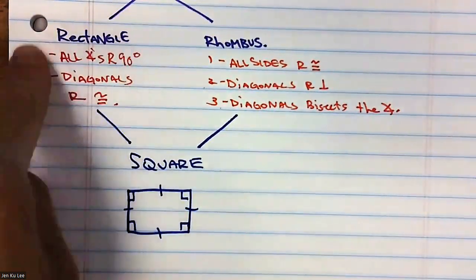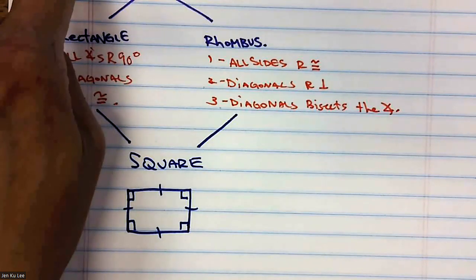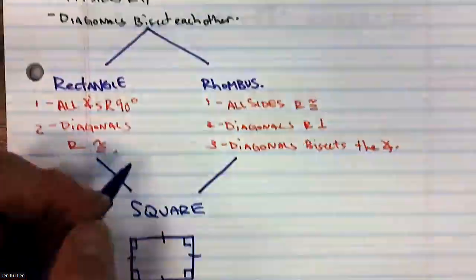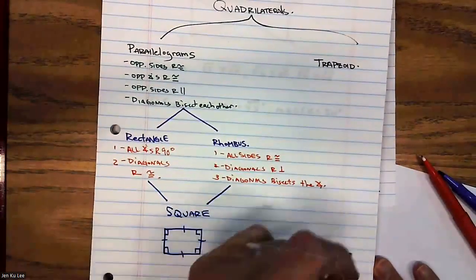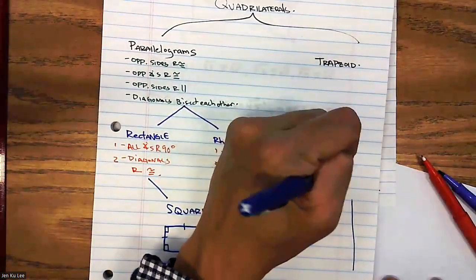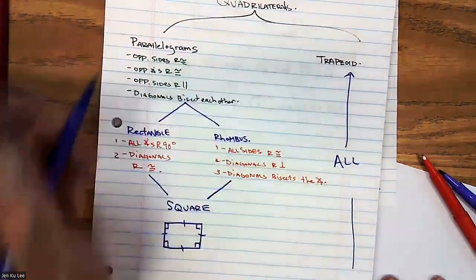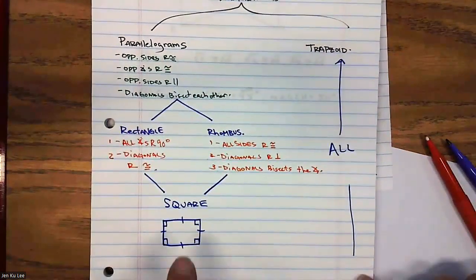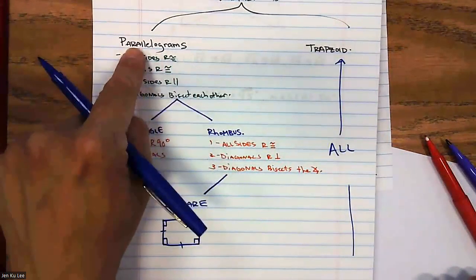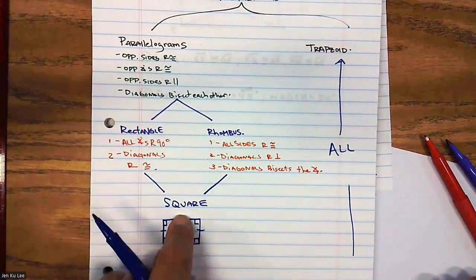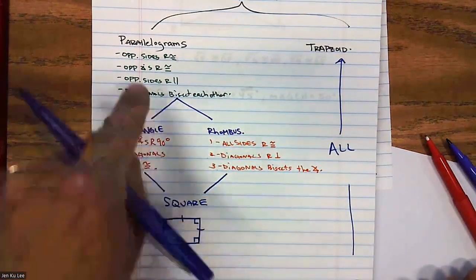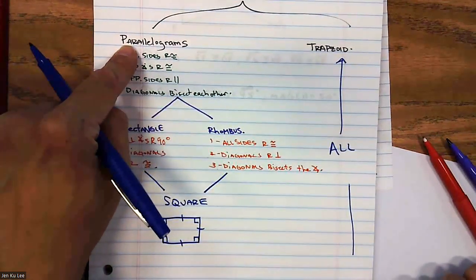All rectangles are parallelograms. Okay, so as you go up this drawing, let me put it up here. As you go up, it's all. Okay, so all squares, all rectangles, all rhombuses are parallelograms. All squares are rectangles, all squares are rhombuses, all squares are parallelograms. Okay?